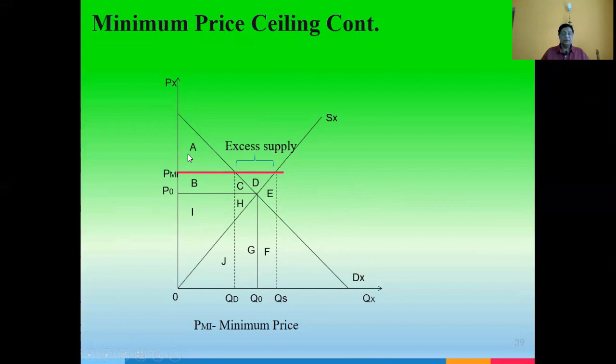Consumer surplus declines by the amount of B plus C. Consumer surplus declined by the amount of B plus C. Now, the new consumer surplus is given by the area of A. Then producer surplus is given by the area of B plus I.